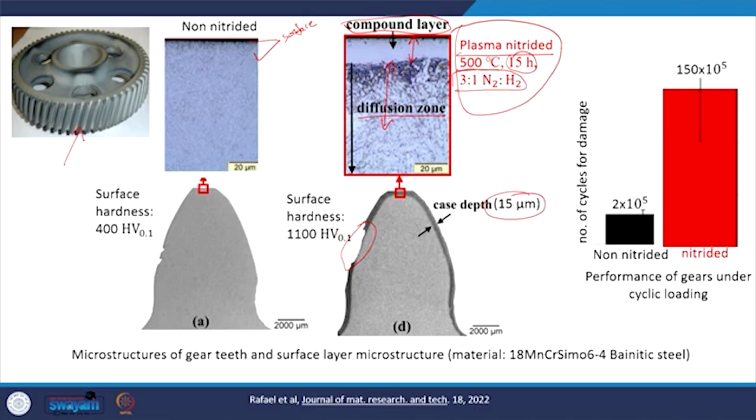If you look at the benefit of doing the nitriding treatment, you can see it in this plot. Please focus on this area, where what is plotted is the number of cycles for damage. That means I am doing some cyclic loading, bending it this way and that.